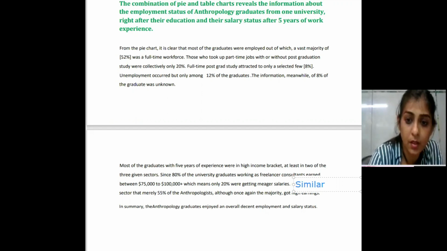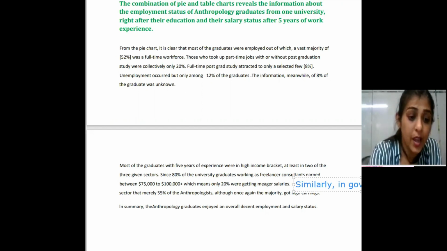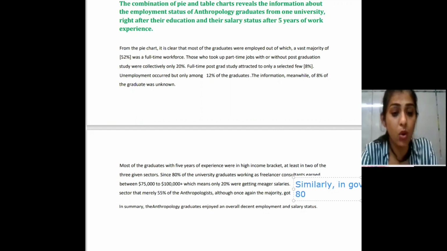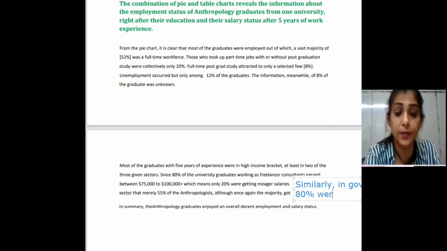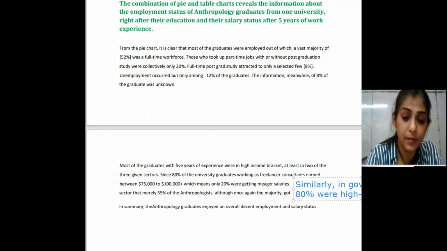Similarly, in the government sector, 80% were what? 80% were high income earners.